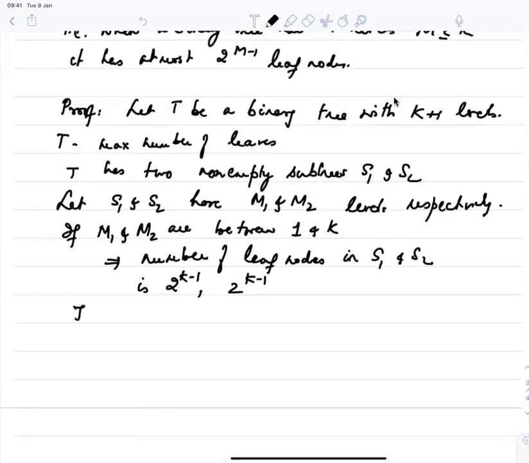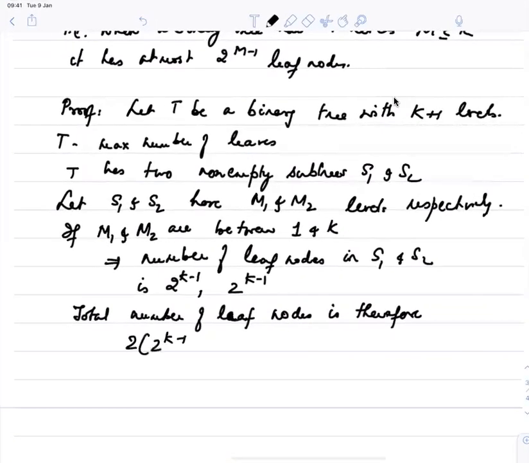The total number of leaf nodes is therefore 2 times 2 to the k minus 1. And this is nothing but 2 to the power of k.